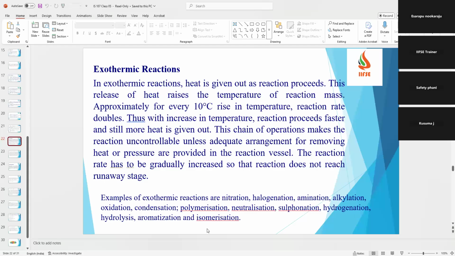This chain of operation makes the reaction uncontrollable unless adequate arrangements for removing heat or pressure are provided in the reaction vessel.